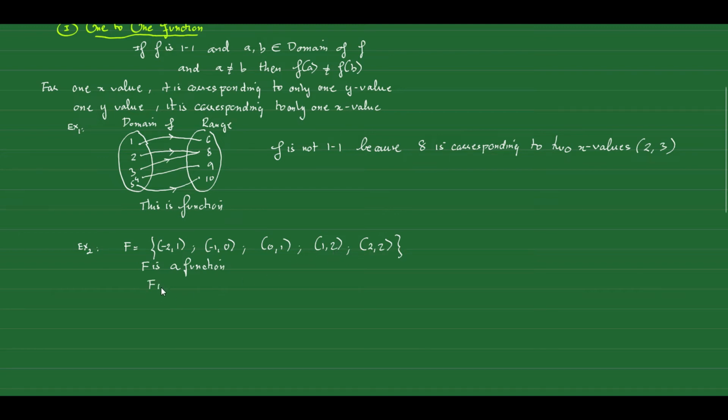So f is not 1 to 1 because 2 is corresponding to 2 values, which are 1 and 2.